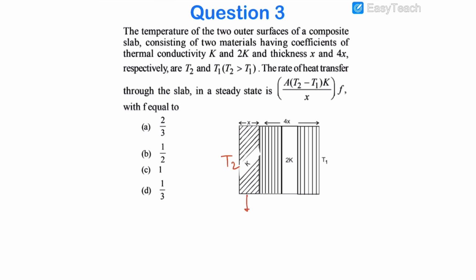So first of all, let us suppose that the resistance of this slab is R1 and the resistance of this slab is R2.